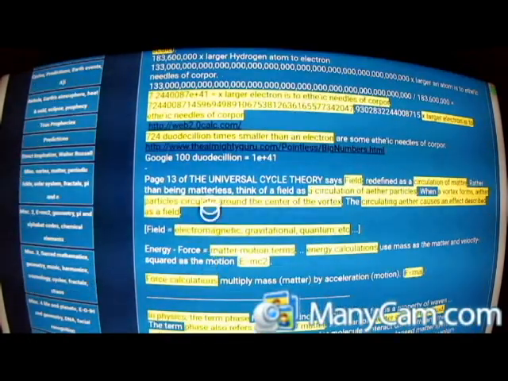Page 13 of the Universal Cycle Theory says, field, redefined as a circulation of matter. Rather than being matterless, think of a field, like a magnetic field, gravitational field, and so on, as a circulation of etheric particles. Circulation. And what is a vortex motion? In a circle. And the circle is the symbol of the Creator.